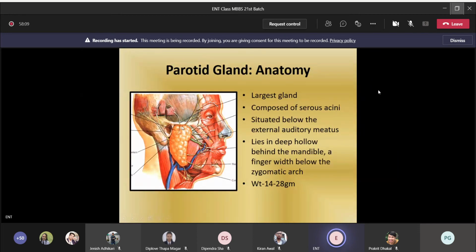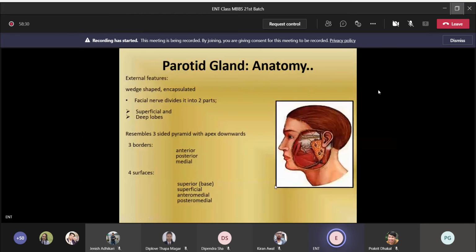This gland lies in the retromandibular groove, and its weight is 24 to 28 grams in adults.